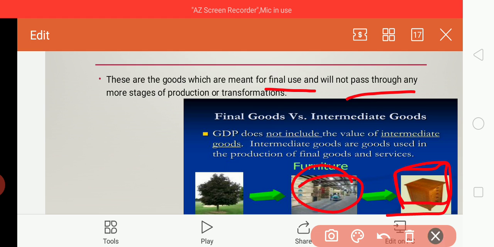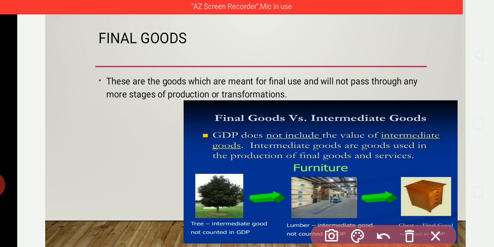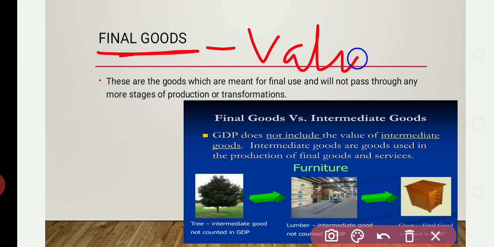Why are we discussing these different types of goods, like consumption goods, capital goods, intermediate goods and final goods? Final goods, for example a television, wristwatch, sugar, car, etc. Once these goods are sold, they move out of the active economic flow. While calculating national income, only the value of those final goods will be added.